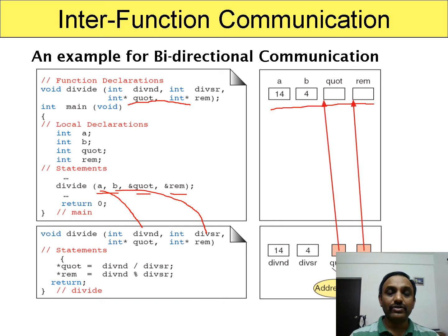So quotient equal to dividend by divisor. By the division operation, you will get the quotient value. By applying the remainder operator, mod operator, you will get the remainder. So where modifications take place, those modifications are directly reflected in the quotient and remainder which you declared in the main function. Like that, you can achieve bidirectional communication.